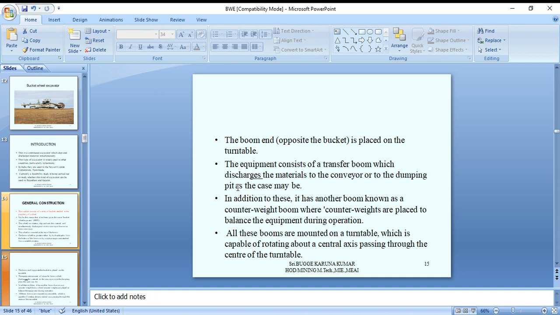In addition to this, it has another boom known as a counterweight boom, where counterweights are placed to balance the equipment during operation. All these booms are mounted on a turntable, which is capable of rotating about a central axis passing through the center of the turntable. So this is the basic construction of the bucket wheel excavator. Let us go to the next slide.